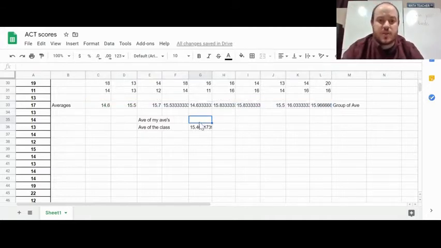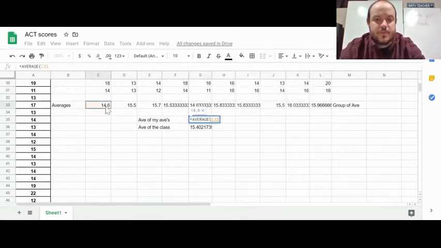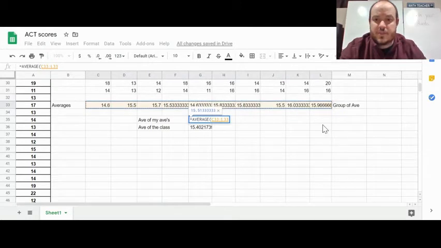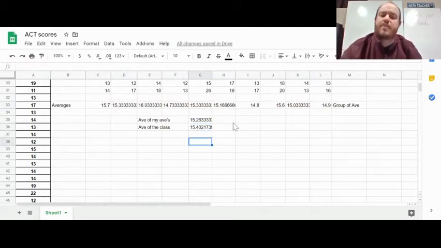Let's go ahead and try to find out what that is. We'll go ahead and find the average of these numbers and hit enter. And you notice that the average of my 10 students that they got was a 15.26. And the actual average of the class was a 15.40.